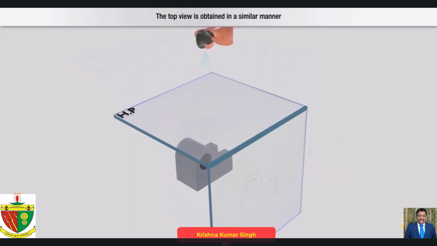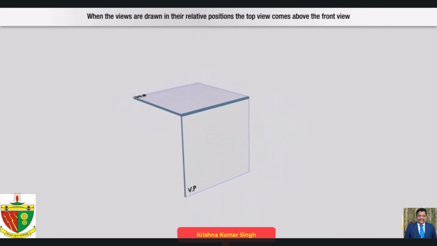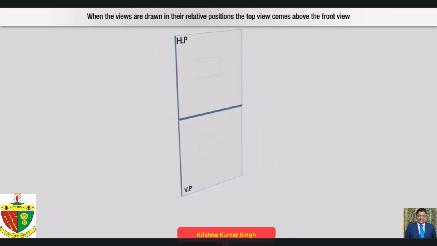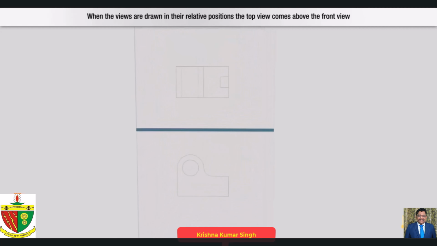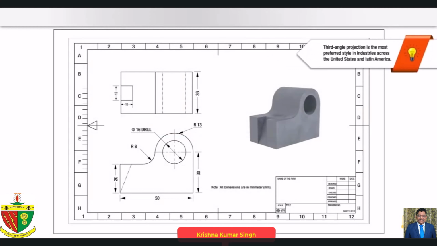The top view is obtained in a similar manner. When the views are drawn in their relative positions, the top view comes above the front view. Note, third angle projection is the most preferred style in industries across the United States and Latin America.